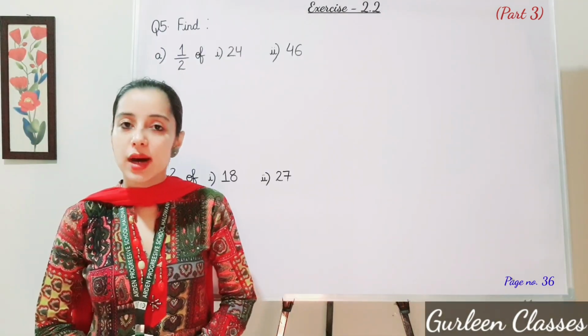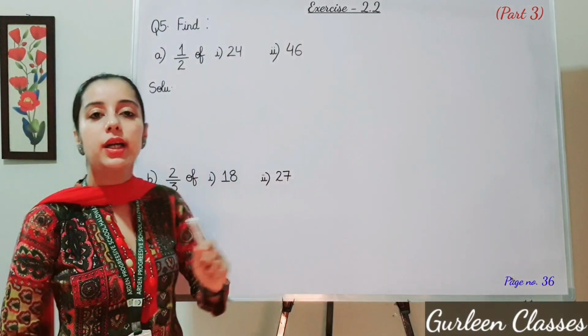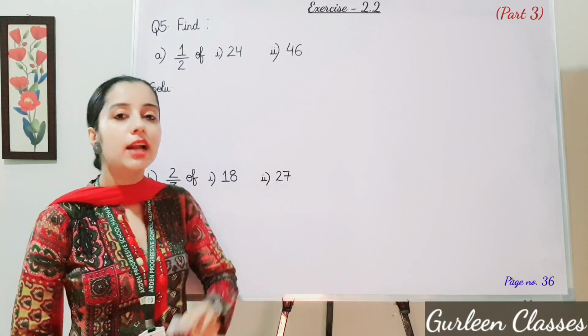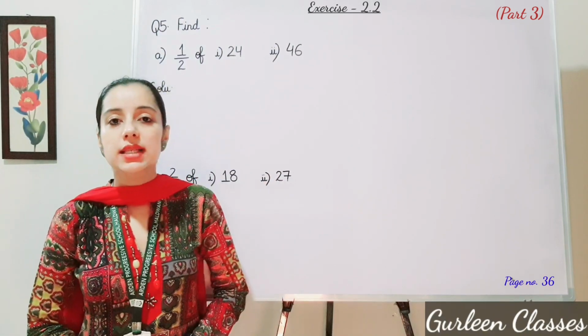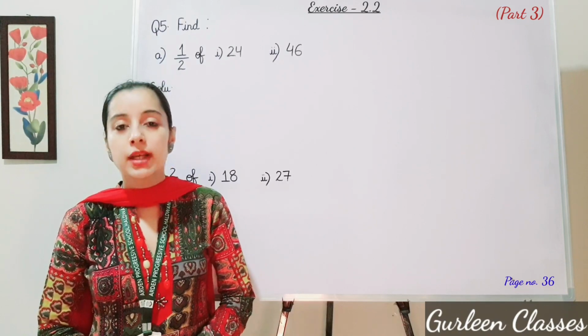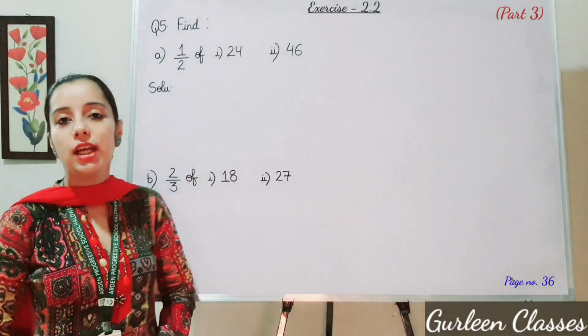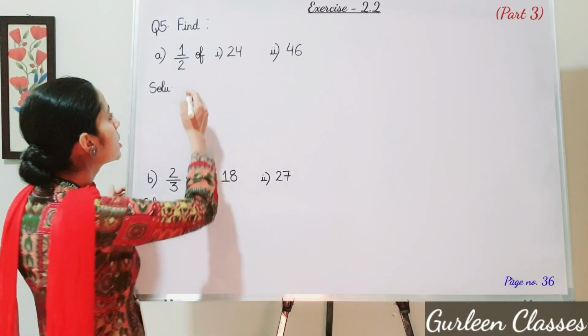Question number 5, find A part 1 upon 2 of first part 24, second part 46. Students, as I explained you earlier, of means multiply. So we have to find out first part, 1 upon 2 of 24. So let us solve the first part.